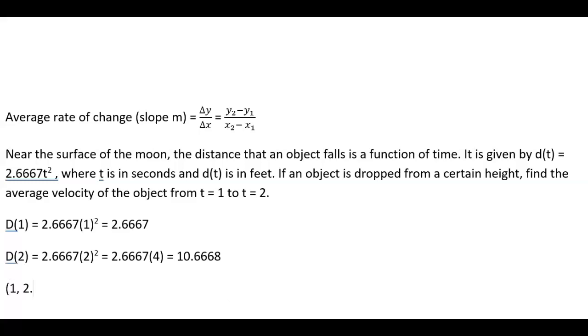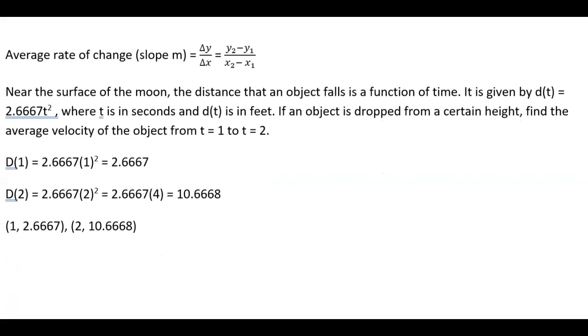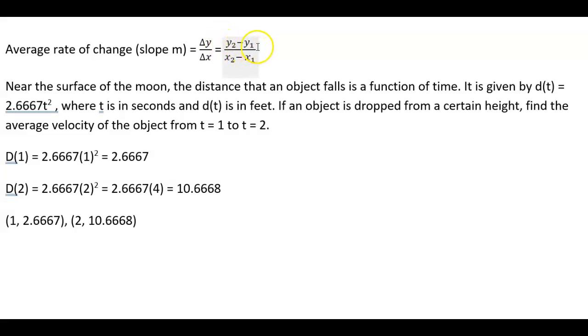Okay, so I've got my x values, I've got my y values. If I want to, I can write these as points, and you might find that easier when using that slope formula. And let's use that slope formula from algebra. So m equals y2 minus y1 over x2 minus x1, which is delta y over delta x. Top of the fraction, I'll have y2 minus y1. So my second y value, 10.6668, minus the first y value.